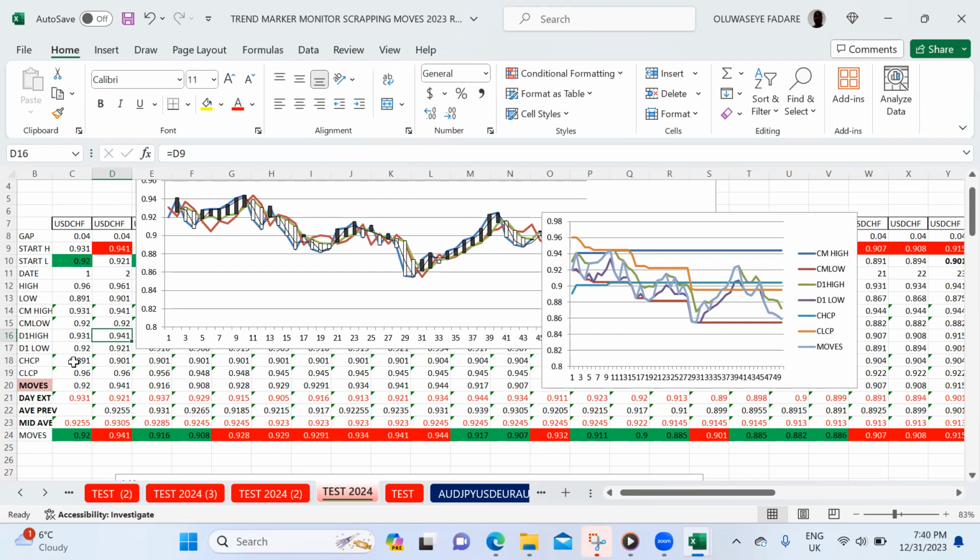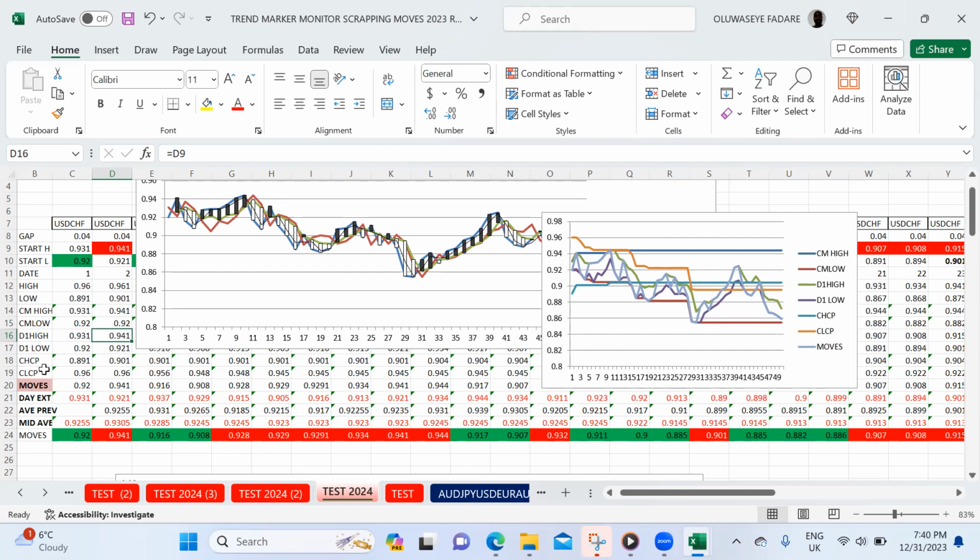The CHCP and the CLCP are the control points. The CHCP is the current high control point, and the CLCP is the current low control point. So what does this mean? It helps to identify the range for buying and the range for selling.